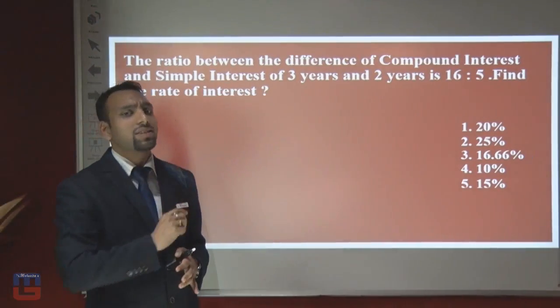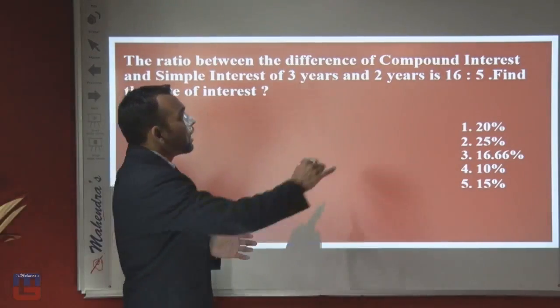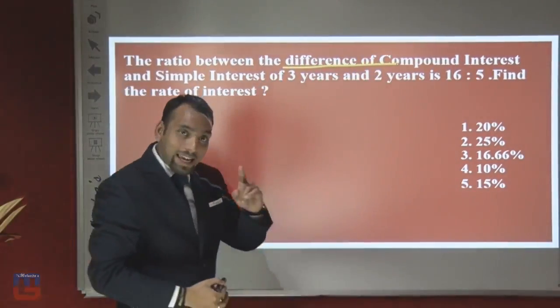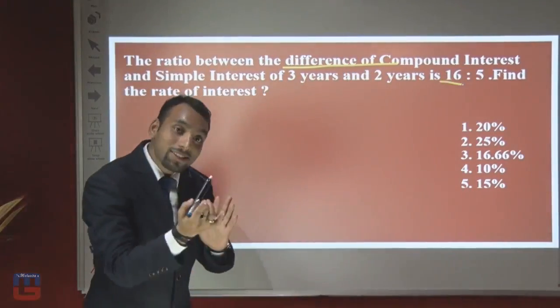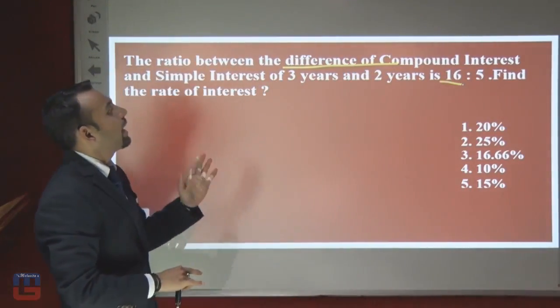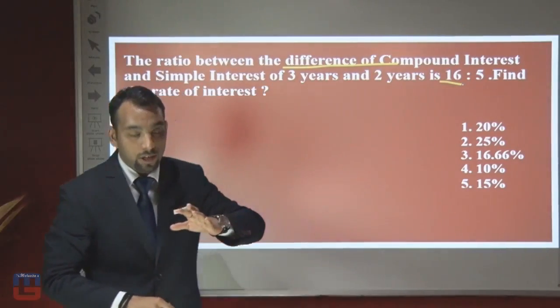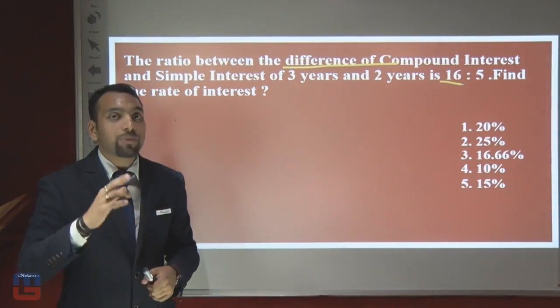Most students have a problem with this question. You know what the question is saying? The difference between CI and SI for the 3rd year, and in the same way the difference between CI and SI for 2 years, that is 5. Now we have the 3rd year formula and the 2nd year formula.